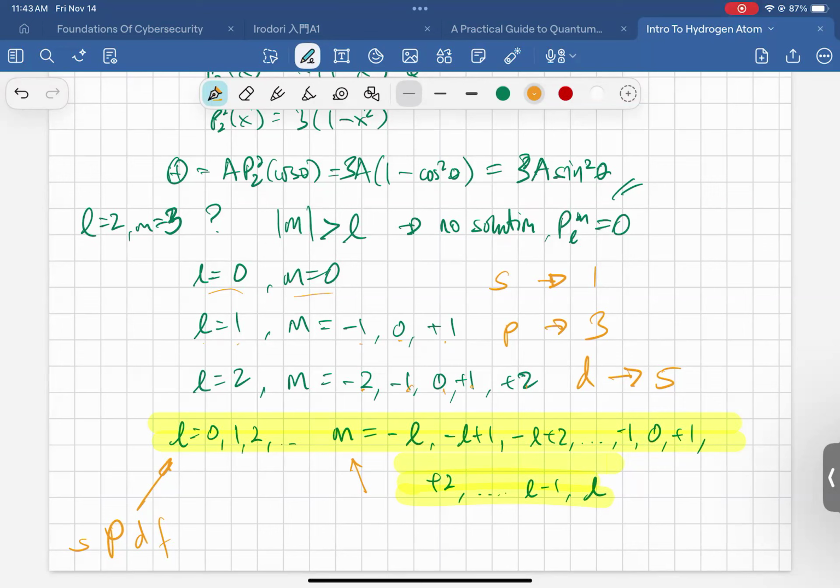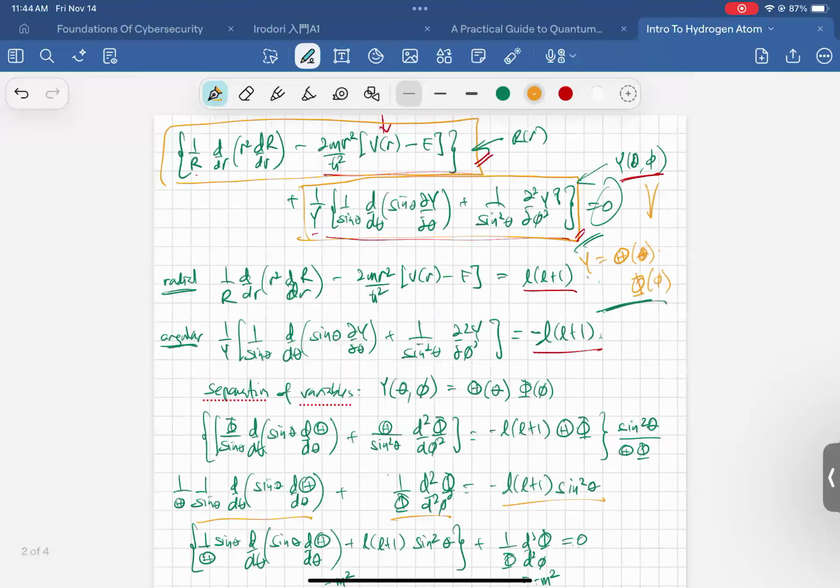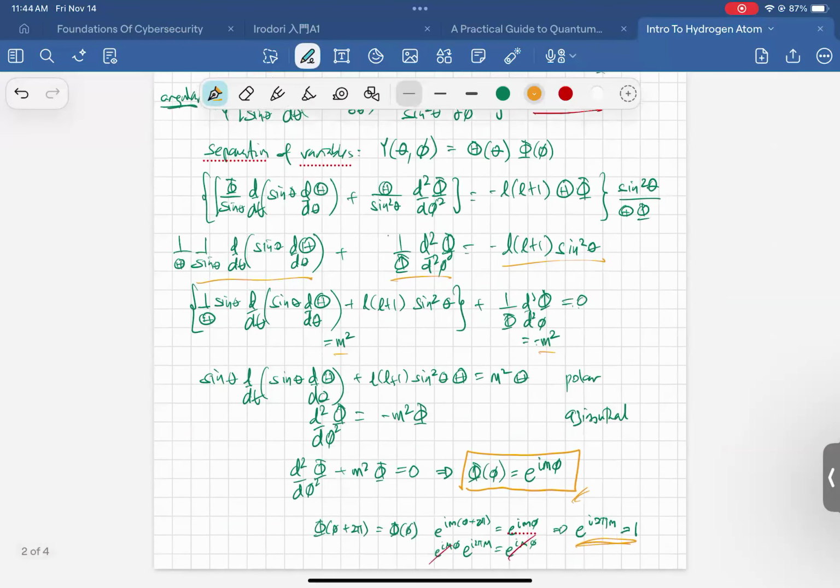Okay, so now we have sort of a full solution, we can write down a full solution to this angular component. Remember that this is an angular component. Okay, saan natin nilagay yun?